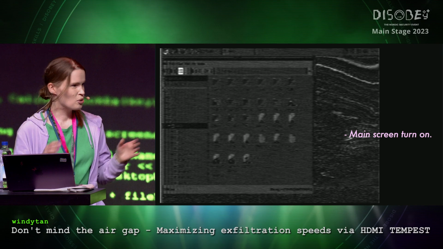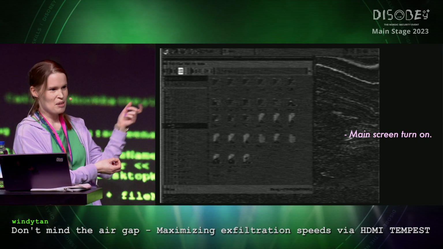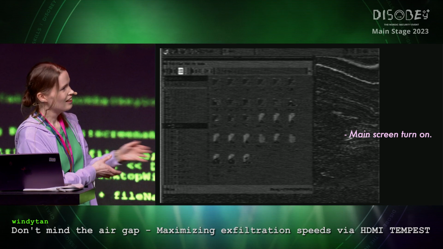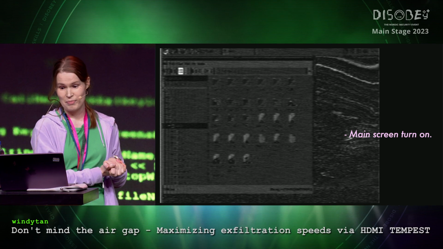So I took all of those little noisy things, and I took the amplitude of those samples, and I plotted it as an image. And indeed, it looks like one of my computer's desktops.